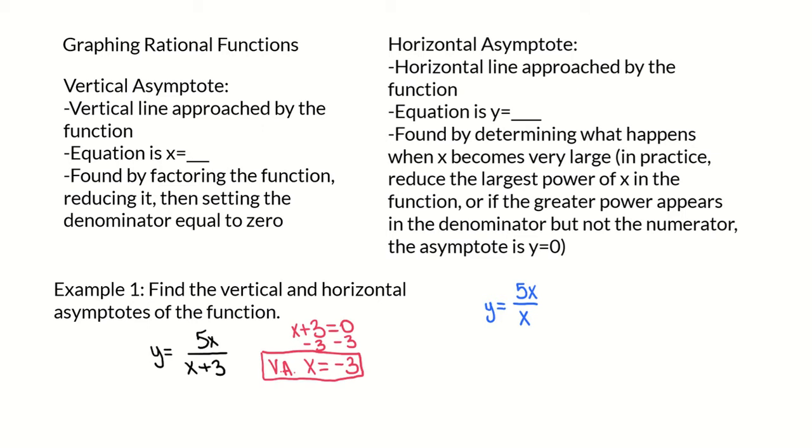And then we reduce. So x over x cancels and we're just left with 5. So the horizontal asymptote is y equals 5. And that information would help us graph the function.